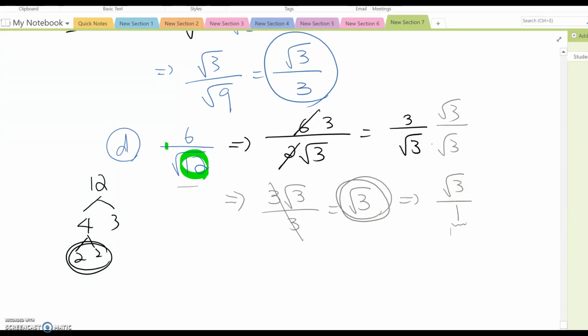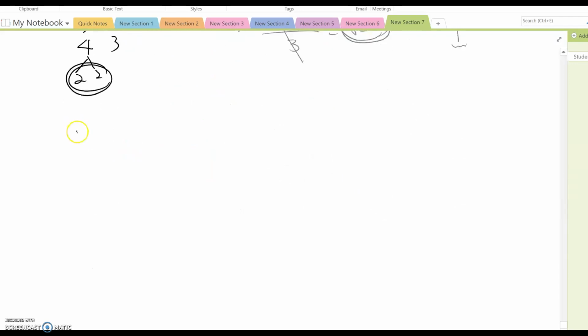What about G? G is 3 over the cube root of 5, right? You have to watch out for the index, cube root here. Cube root means you must complete something to the cube power. Now, we have only 5 here, the single power.